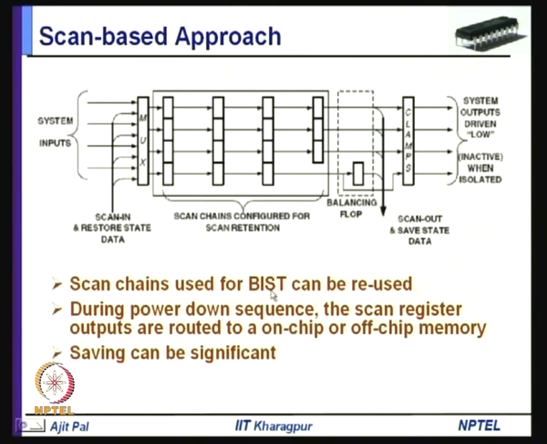So, scan chains used in the BIST can be reused, and during the power down sequence the scan register outputs are routed to an on-chip or off-chip memory, and this may lead to significant saving, because you are not using any additional hardware. The scan chain registers are being used to save the state of those blocks which you intend to power gate.